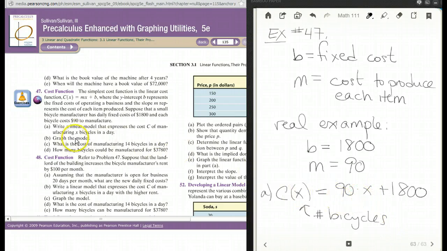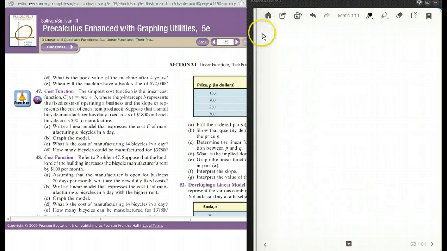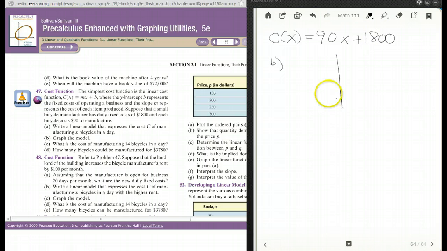Let's handle part B. It says to graph this model. So remember, this is a linear equation. Let's go to the next page here. We've got C of x equals 90x plus 1,800. Let's graph this. The y-intercept is 1,800, so let's put that on our y-axis. I'm going to put it not too high, because I can make the scale whatever I want.